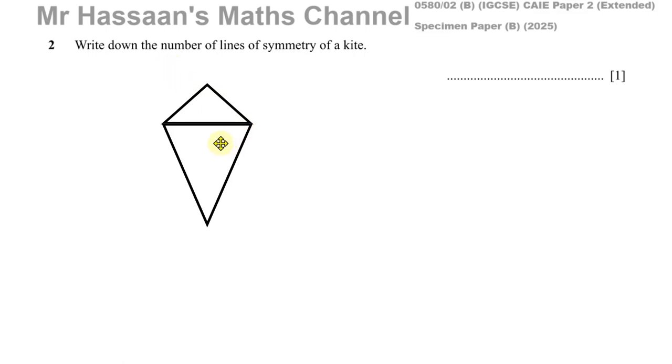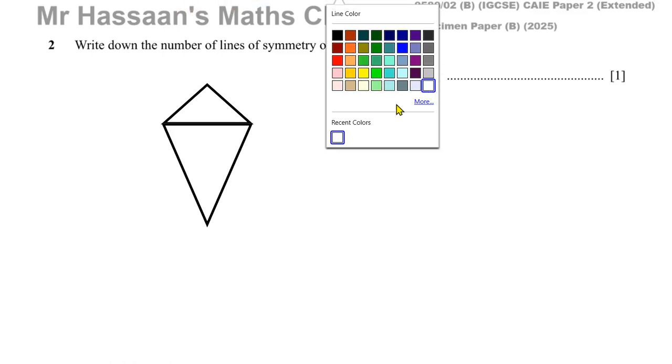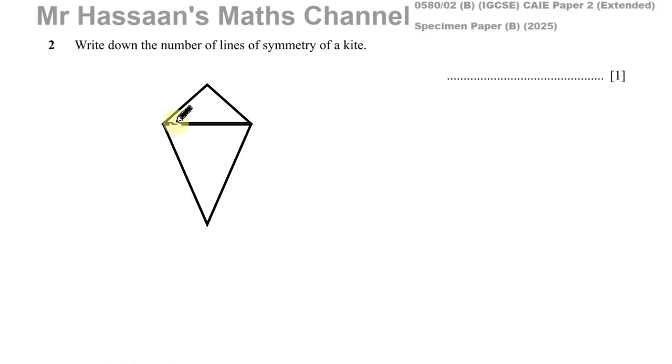Now a kite has one line of symmetry, and that line of symmetry goes like this. Let me get rid of this part in the middle to make it clearer. So this is the kite.